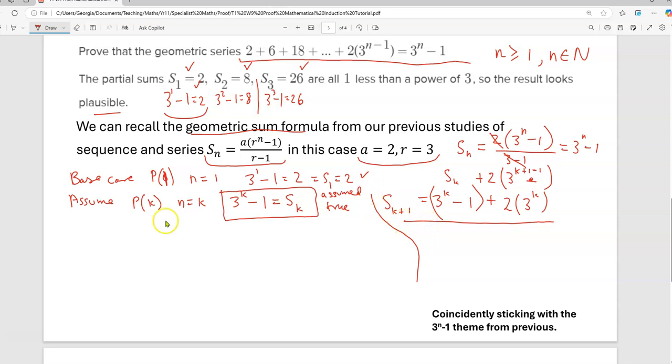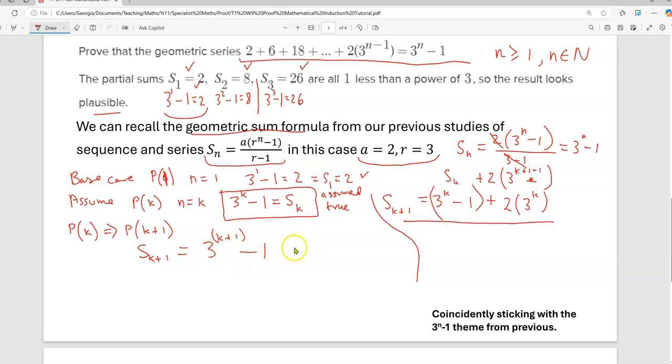All right, let's think about that, and let's try by implication. We're going to do the inductive step. We're going to say that assuming it's true for p of k, we're going to assume it's true for the next integer. We're going to say, well, s of k plus 1 equals 3 to the power of k plus 1 minus 1.